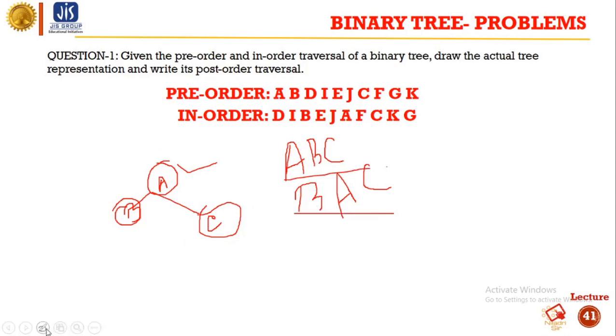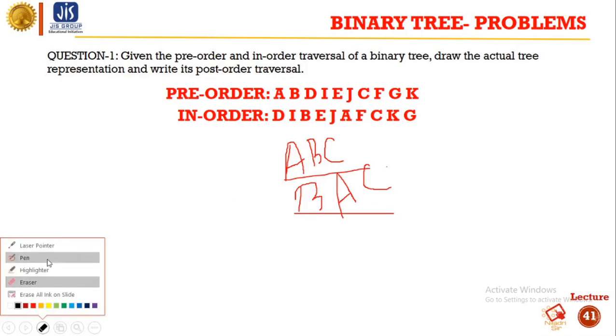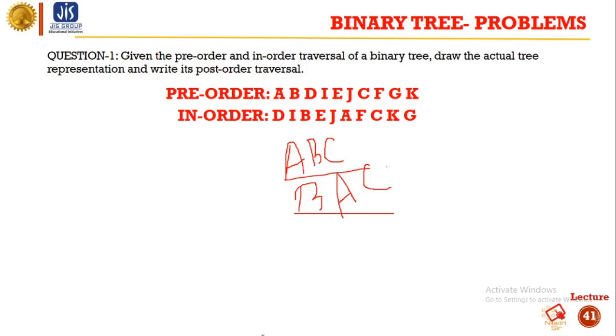Suppose the tree is not here, I'm erasing it. So this is the pre-order and in-order given, and we have to draw the tree. In pre-order, as we know, the first one is the root.